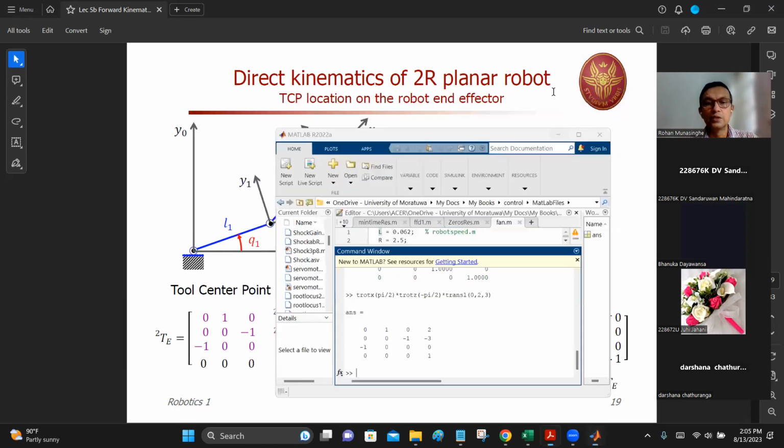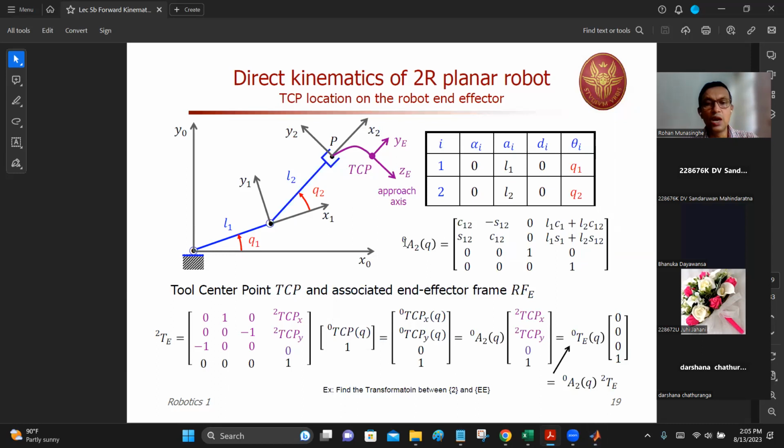All right. So now you have 0A2, the transformation from base to the end of the manipulator and the last link. And then from the last link to the end effector or tool center point, coming as another transformation.